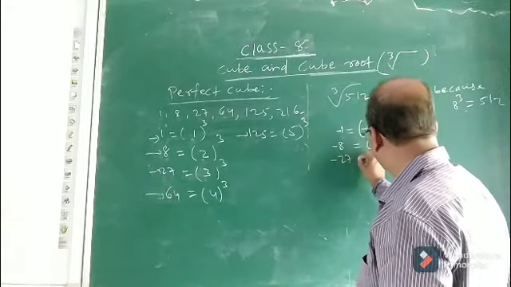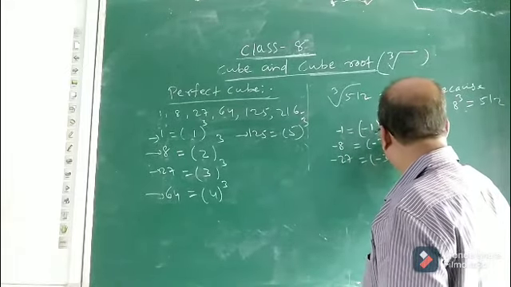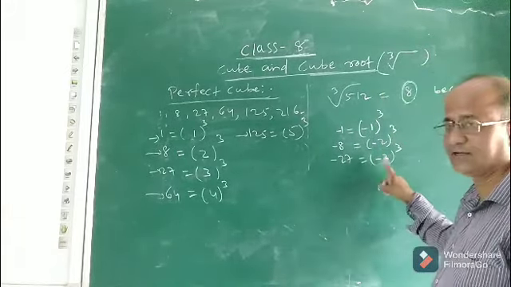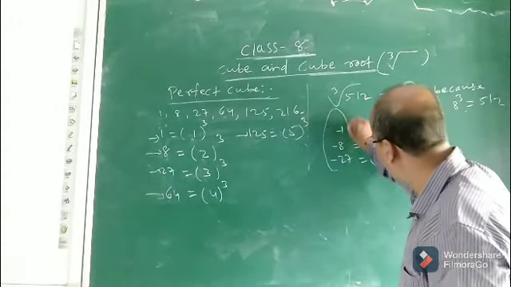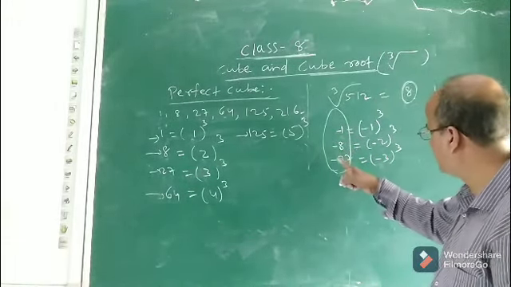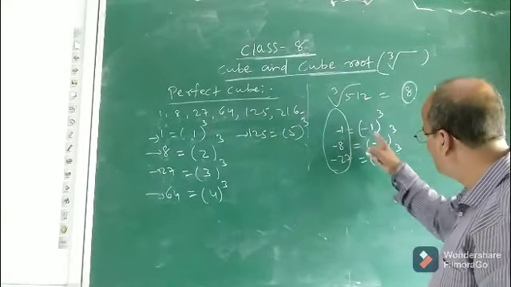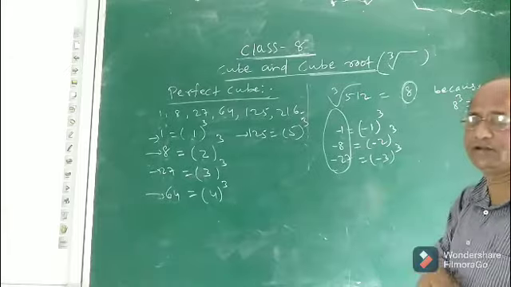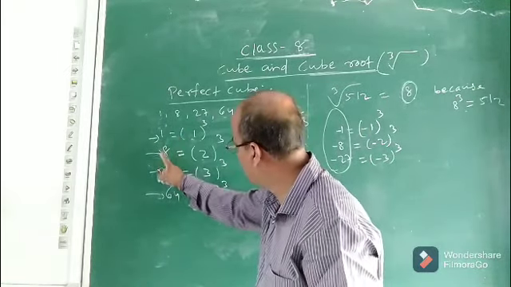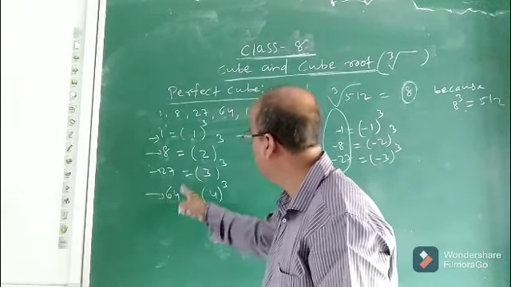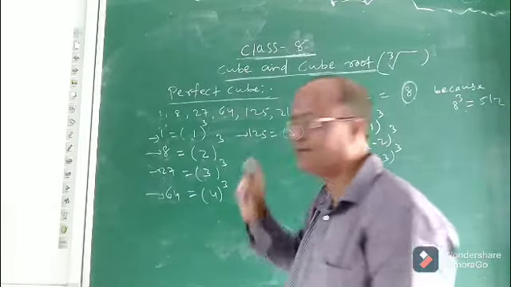Minus 27 is the cube of minus 3, a negative integer. That means minus 1, minus 8, minus 27, etc. are the cubes of some negative integers. But 1, 8, 27, 64, etc. are the cubes of some positive integers.